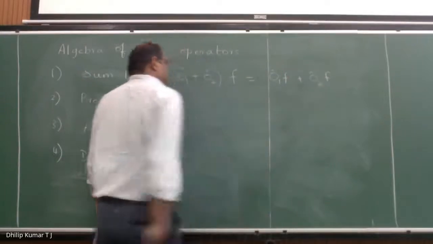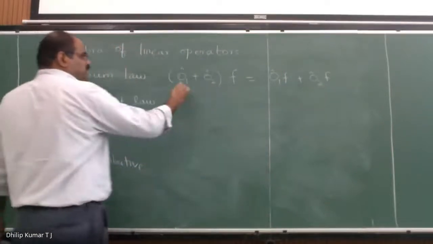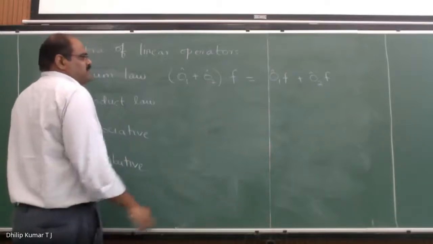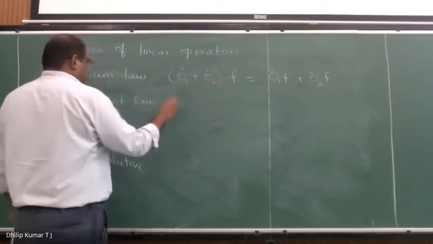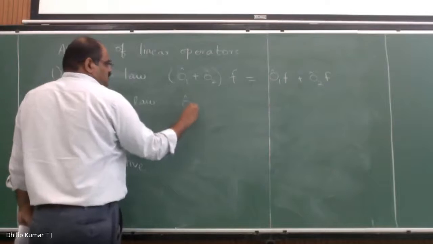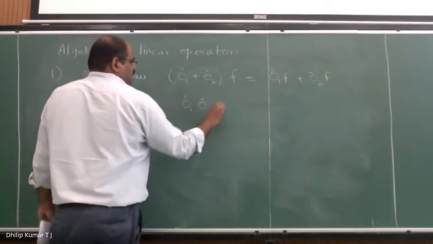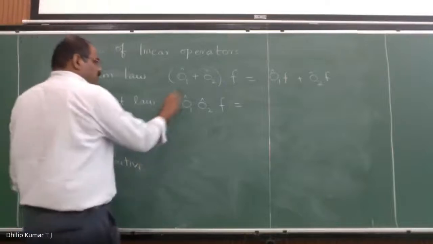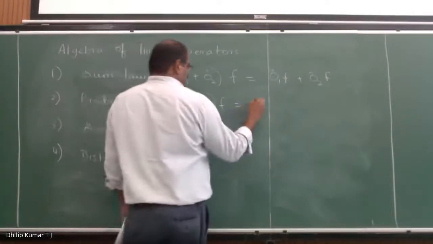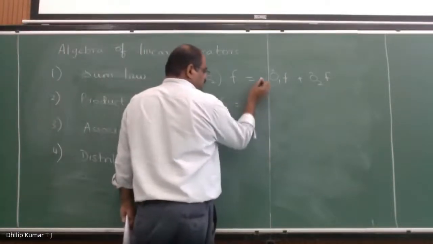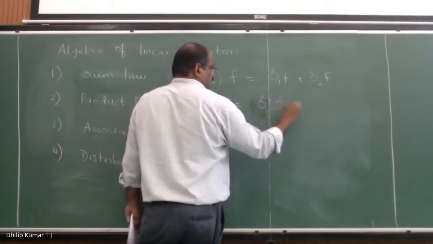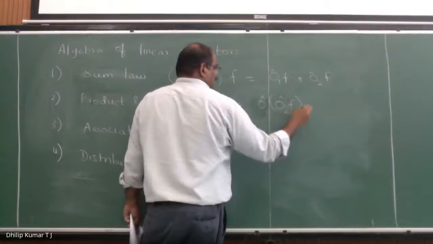You can either sum them up and then act on a function to give the answer, and that will be the same as if you perform them individually. Product law is similar. If you perform together or individually, you get the same, so this is the product law.